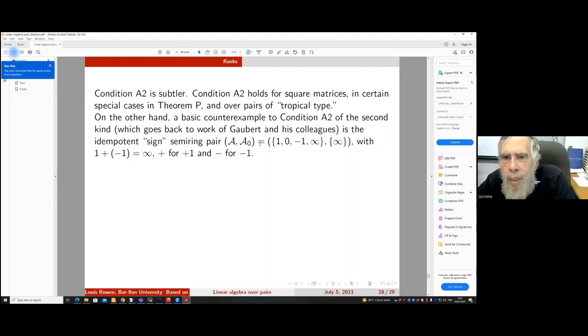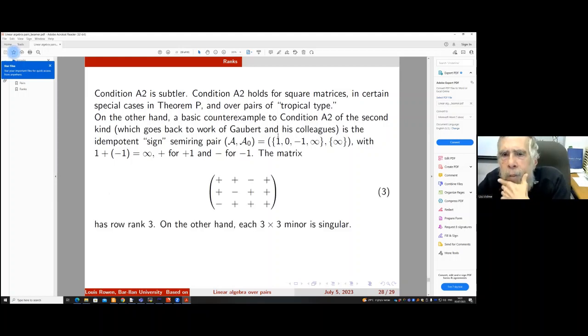Condition A2 is subtler because, in fact, there's a counterexample. If you take the sign semiring pair, where you have usual multiplication and addition, except that 1 plus minus 1 is infinity, then if you write plus for plus 1 and minus for minus 1, this has rank 3.